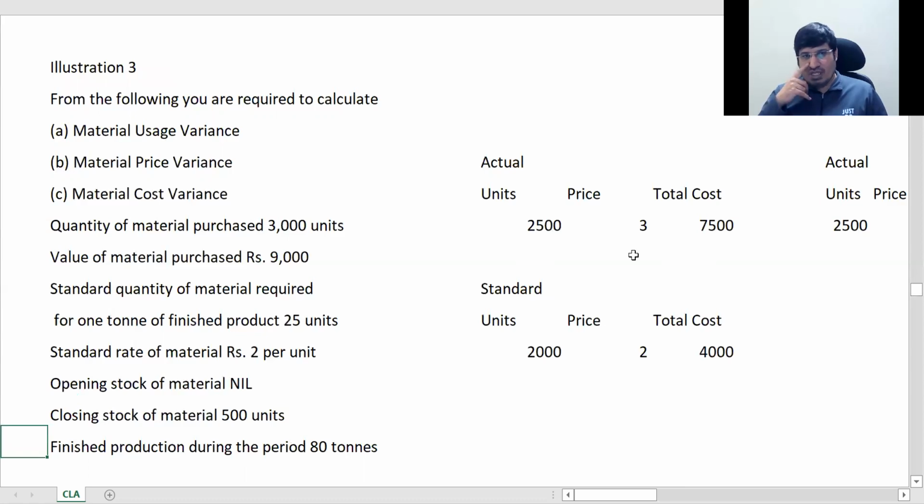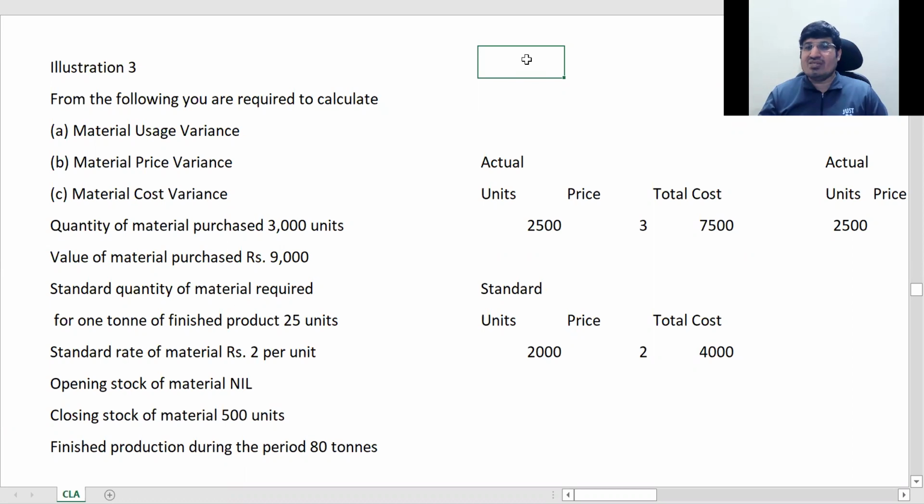Okay, so now there is one short problem here. Let's do this one. In this there is no mix. Okay, so you only have to calculate where there is no mix. Okay, but yield variance can be there. Yield variance is when your actual yield is less than your standard yield or more than the standard yield.